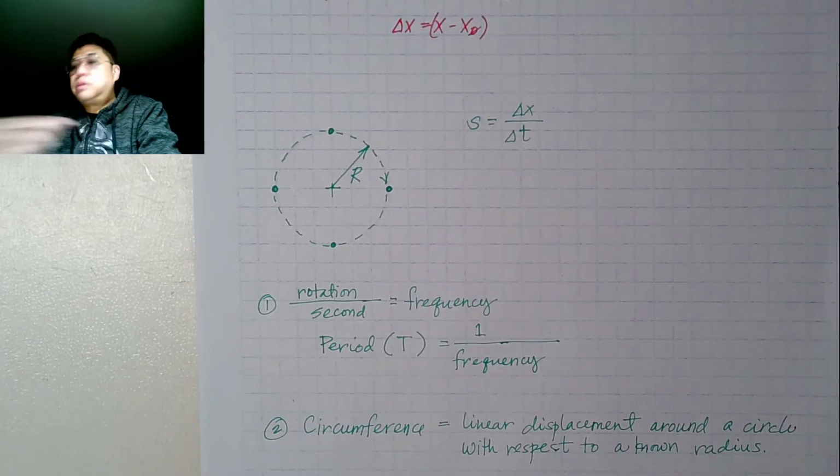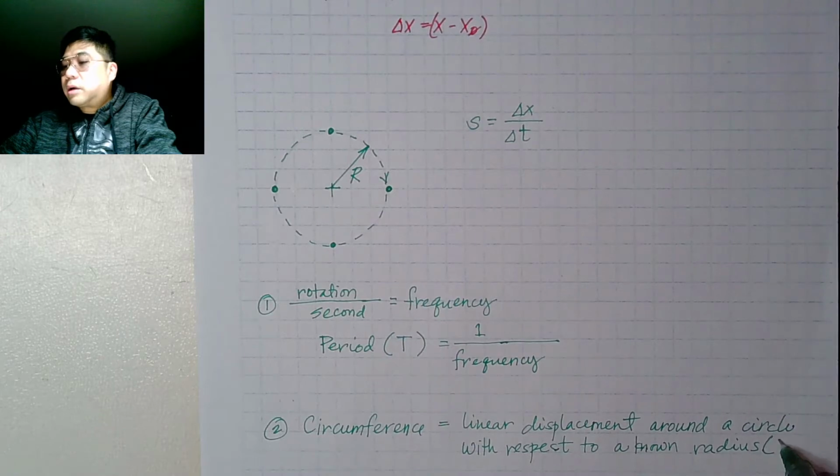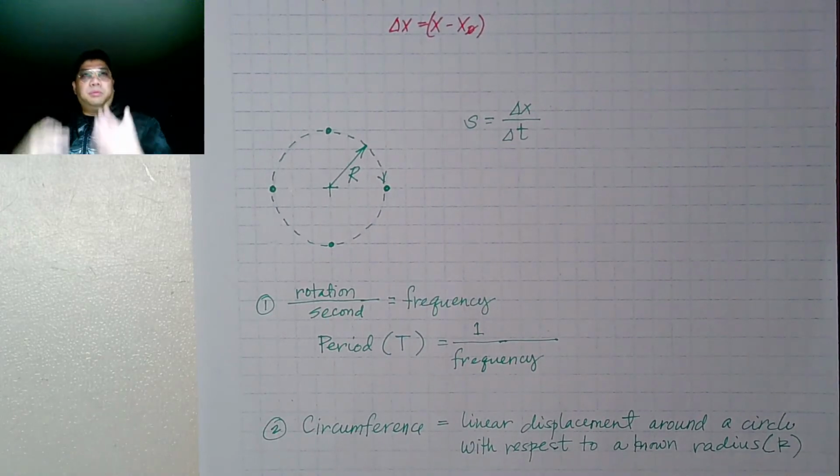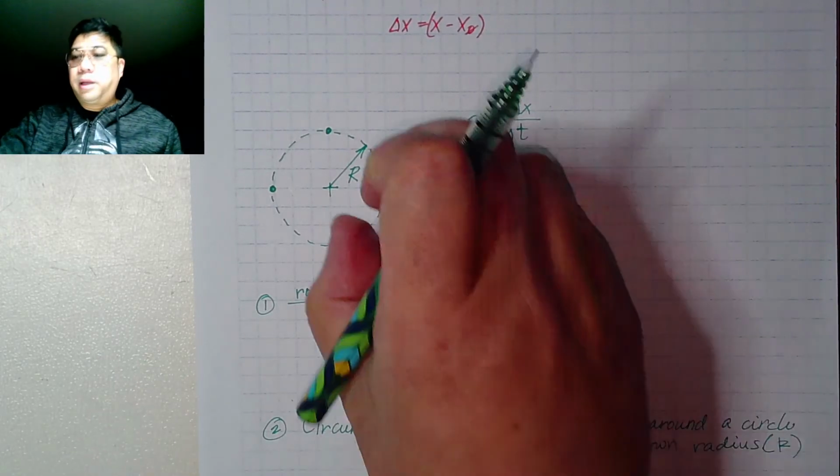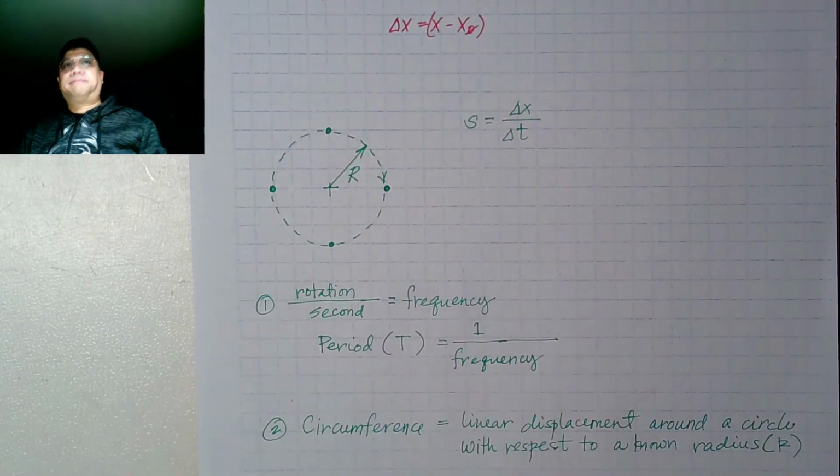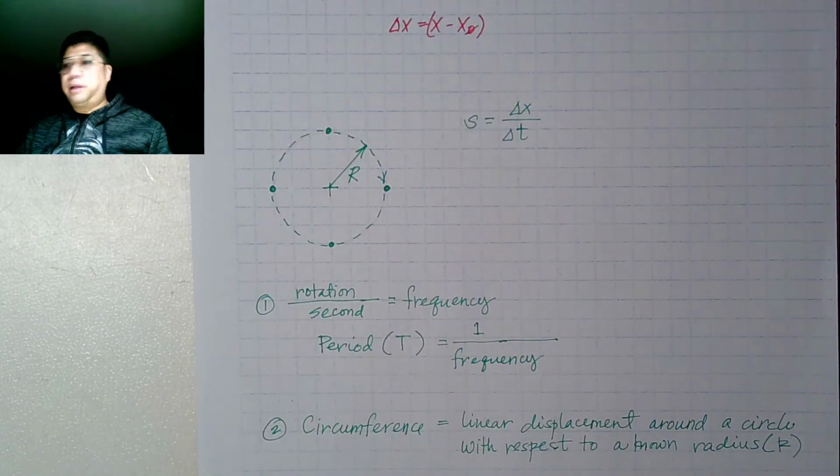Radius is represented by the letter R. So radius, letter R, right here.